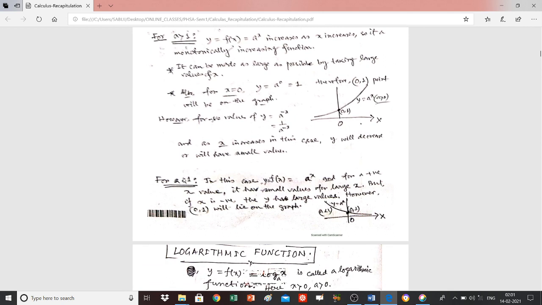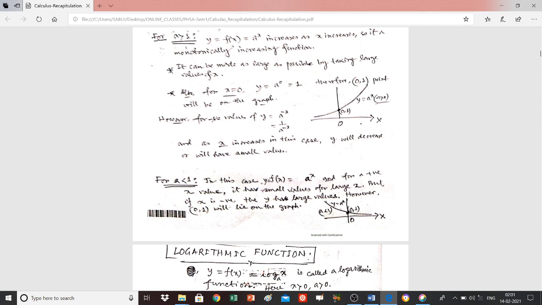And for a less than 1, in that case y equal to f of x, that is a to the power x, for a positive value of x has small values, because a is less than 1, so a to the power x should be a very small quantity. That's why for positive values of x it has small values, represented here.